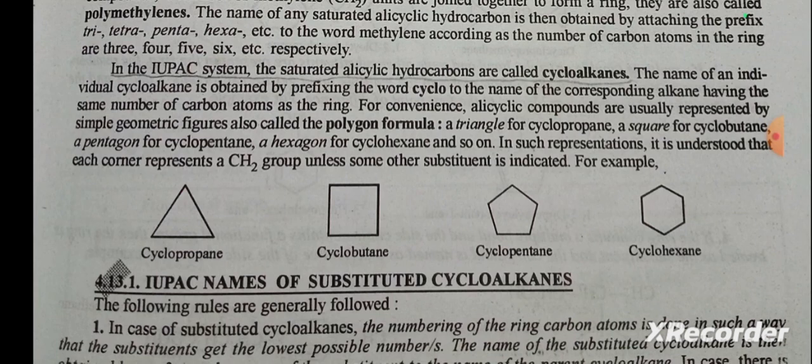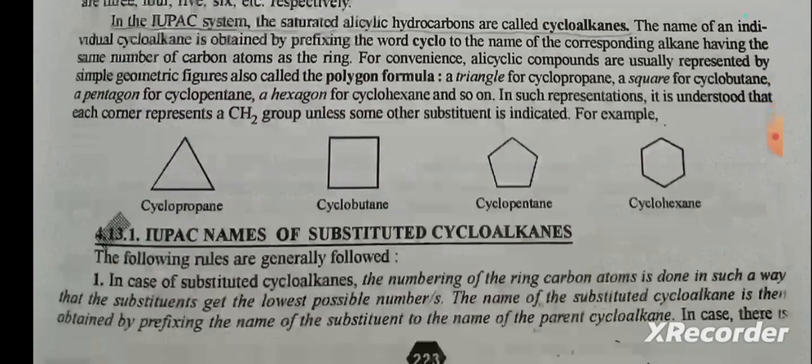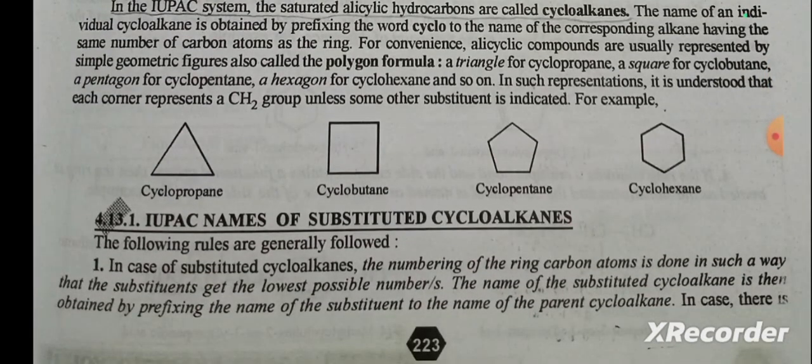In the IUPAC system, the saturated alicyclic hydrocarbons are called cycloalkanes. The name of an individual cycloalkane is obtained by prefixing the word cyclo to the name of the corresponding alkane having the same number of carbon atoms as the ring.